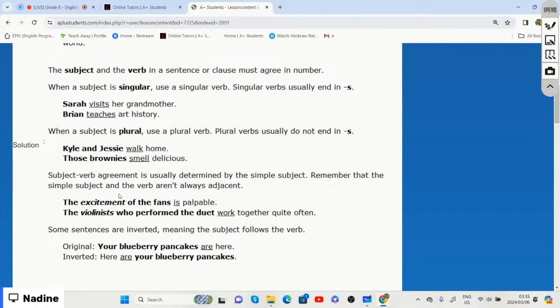And we can also say, the violinists who perform the duet work together quite often.